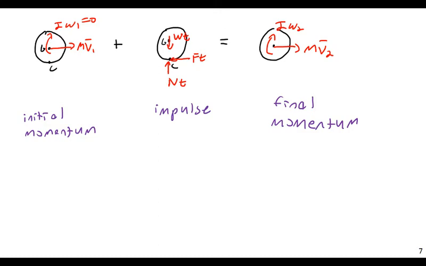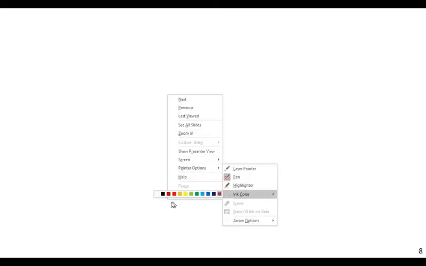Now let us work through the equations. So the first thing I'm going to do is sum forces in the y direction on the impulse diagram, or really, if I'm summing impulses, Nt minus Wt is equal to 0.